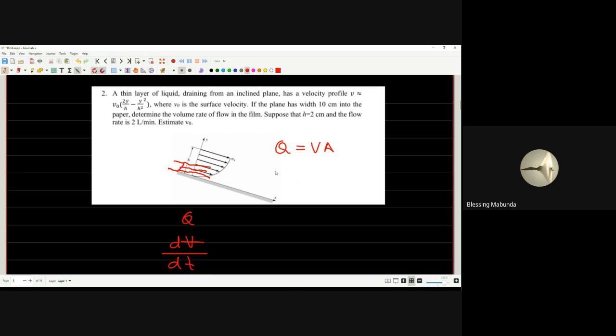So what we can do here is to consider q given as our volumetric flow multiplied by the differential area. So to get q over that entire plane, that will be v multiplied by our differential area.